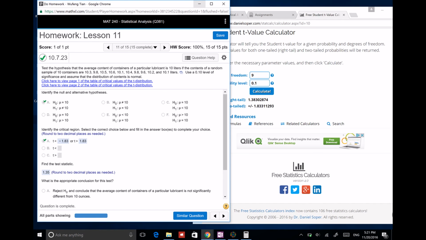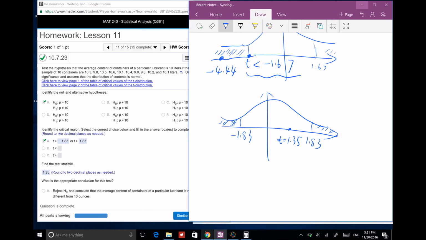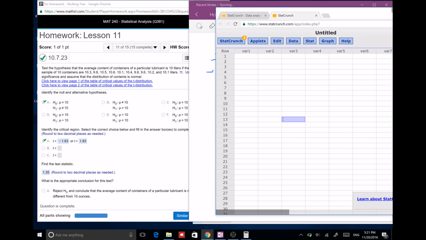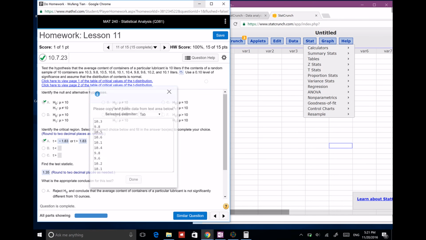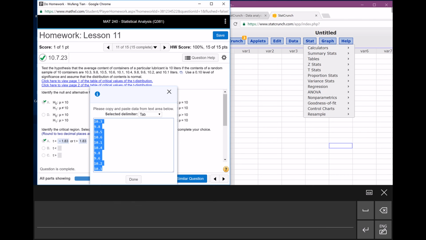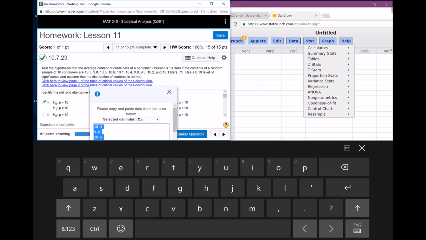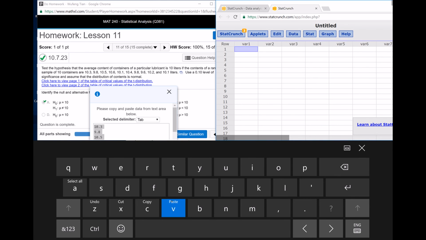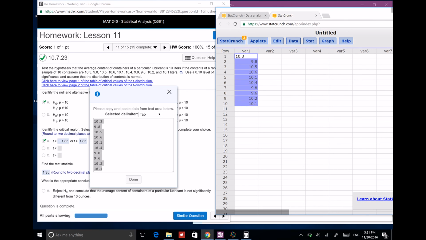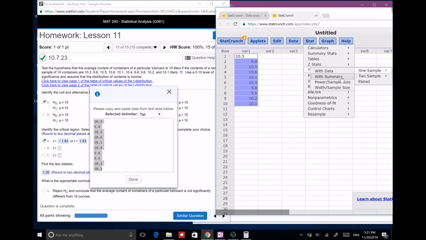You can use StatCrunch to do it. You have to copy it, Control C, put it here, Control V. Now Stat, T distribution with one sample, and with data.